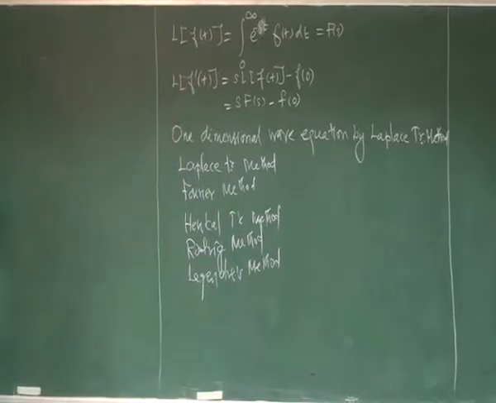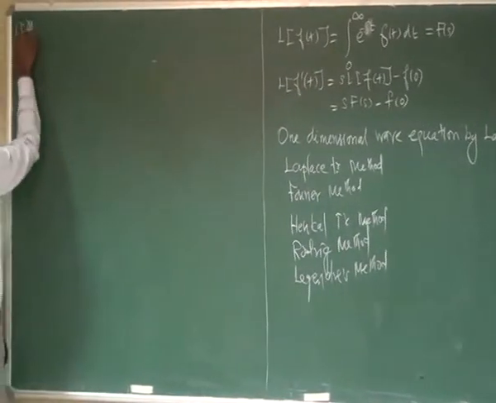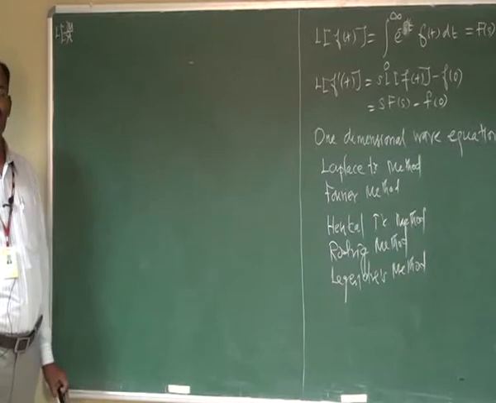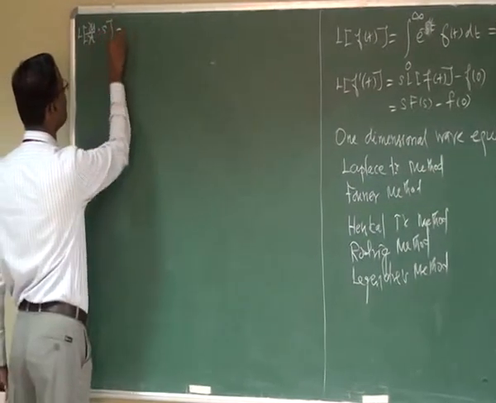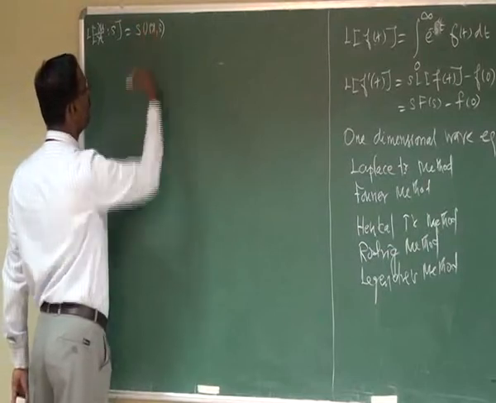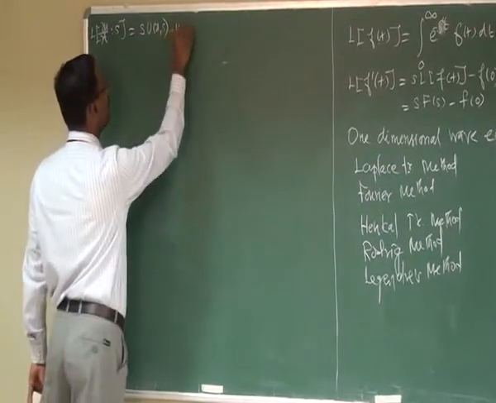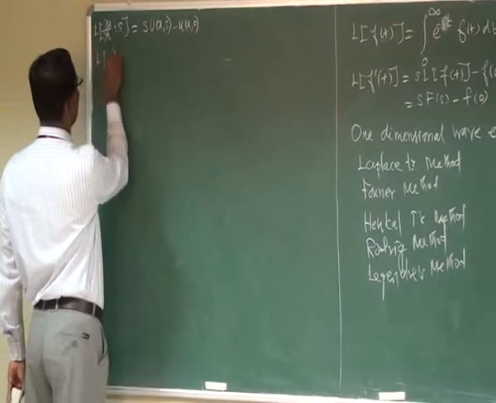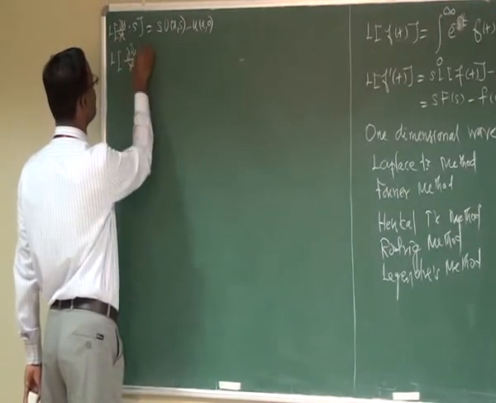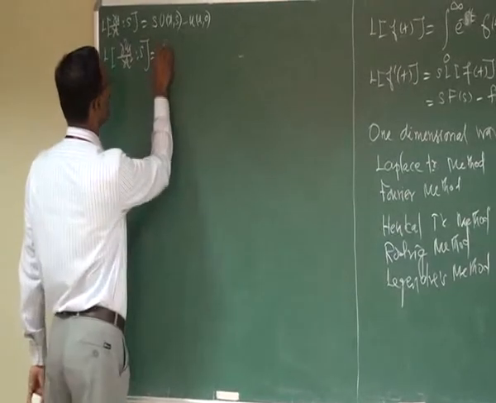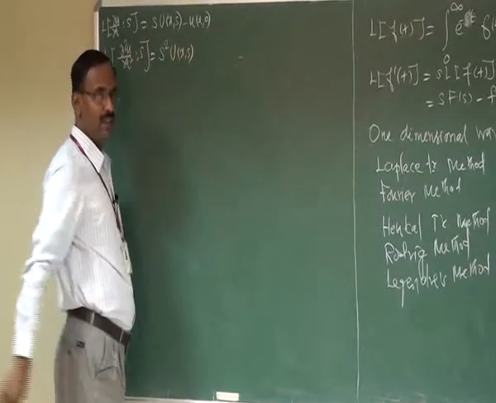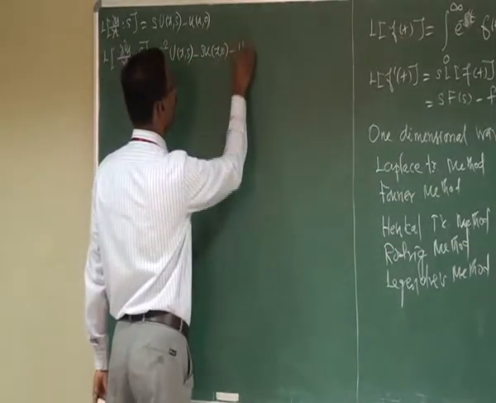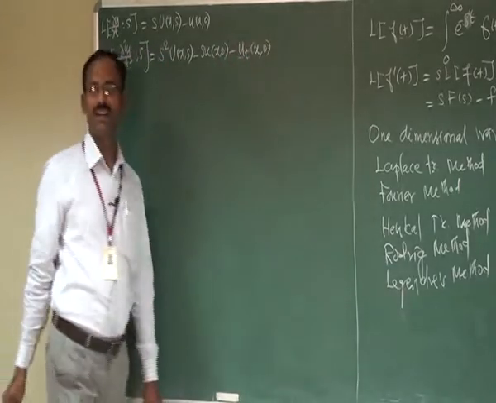So here the Laplace transform of ∂u/∂t, that means the partial differentiation of u with respect to t, is equal to s U(x,s) minus u(x,0), and the Laplace transform of ∂²u/∂t² is equal to s² U(x,s) minus s u(x,0) minus u_t(x,0).